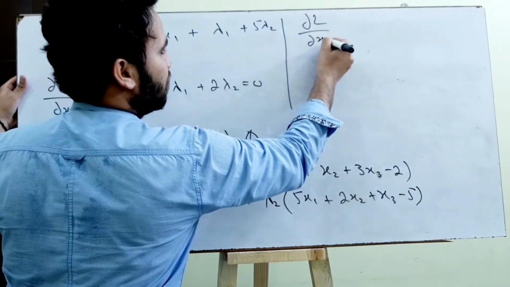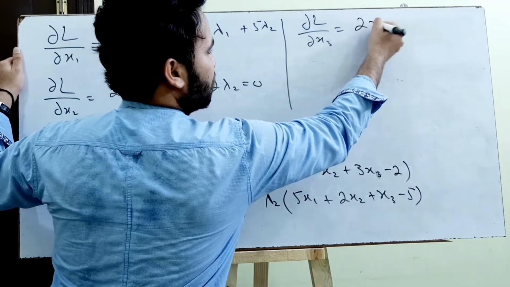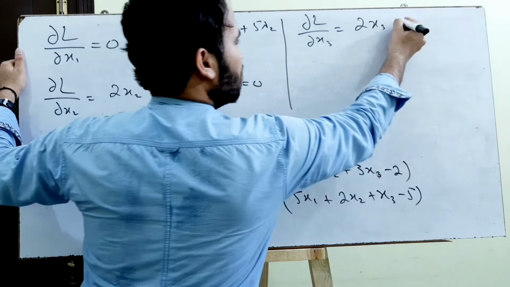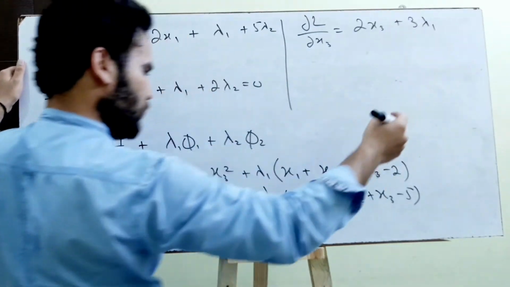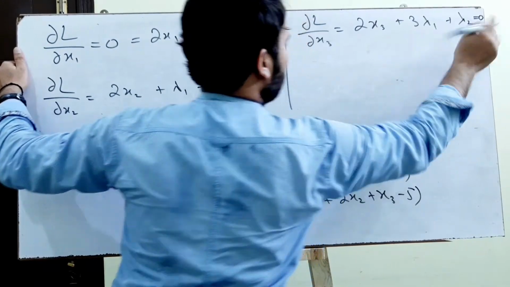Partial L by partial x3 equals 2x3 plus 3 lambda 1 plus lambda 2 equals 0.